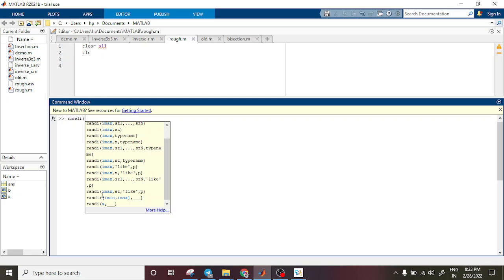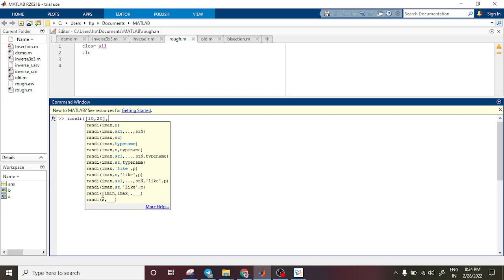Next, if I'm adding one more thing, I want numbers which are between 10 and 20, take only those numbers. Then it will ask what kind of matrix you are making. I'm making a matrix of 4 into 4.